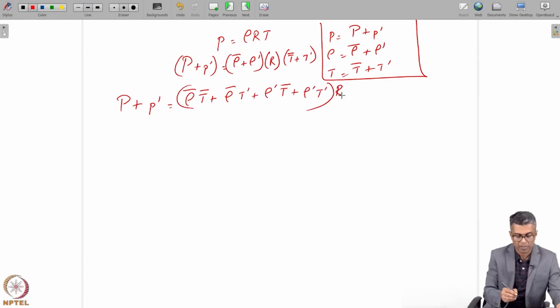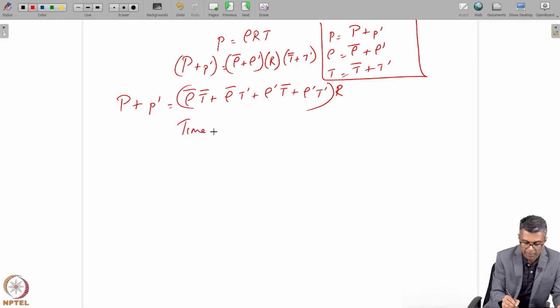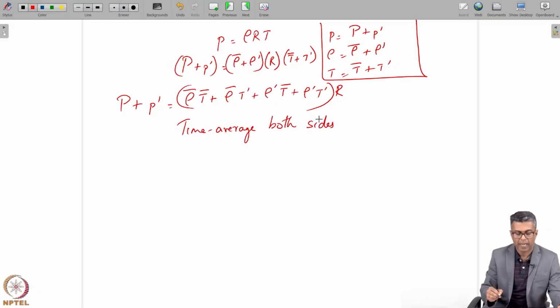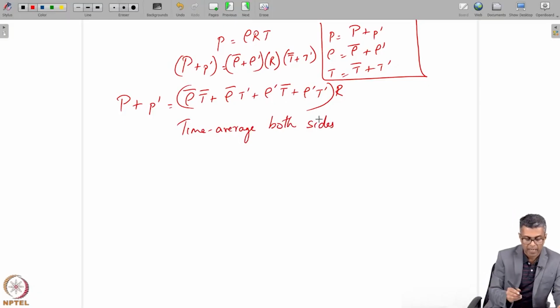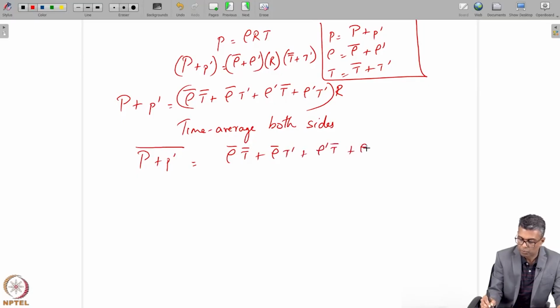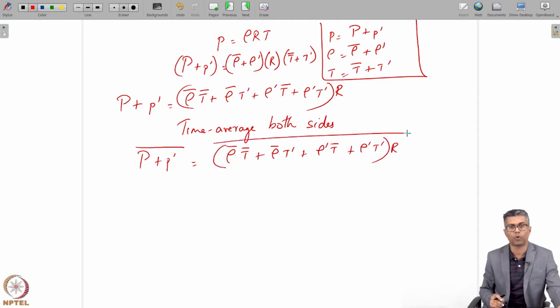Now what I do is I time average both sides. Then I will have P plus P prime average is equal to rho bar T bar plus rho bar T prime plus rho prime T bar plus rho prime T prime, the whole thing times R, of course, and average of the whole thing.